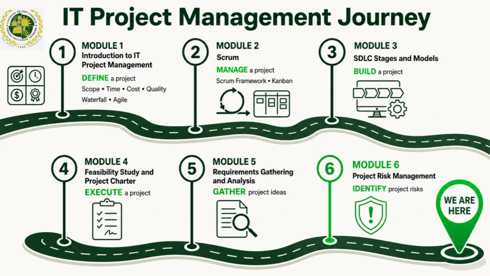Hence, we have a lot of reasons to execute this specific project. So right now in this session, we've moved on to module 6, which is to identify the risk of our project. So our topic for today is project risk management in IT project management.